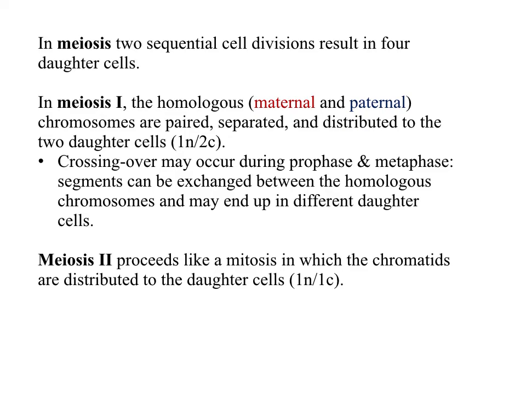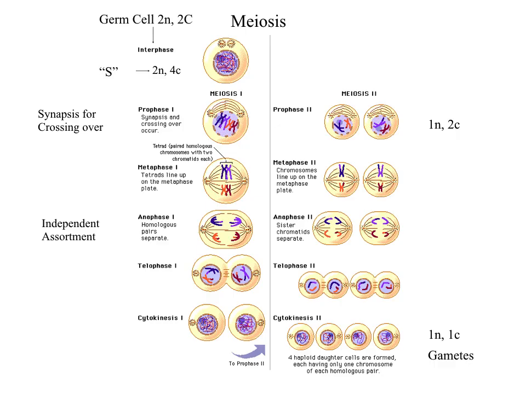Let's look at this again in a picture. And here you go. We start out with our diploid germ cell, which is 2N and 2C. We undergo the S phase where we're replicating our chromatids, so we end up still being diploid, but we have a 4C DNA complement. We enter prophase, where synapsis and crossing over can occur.